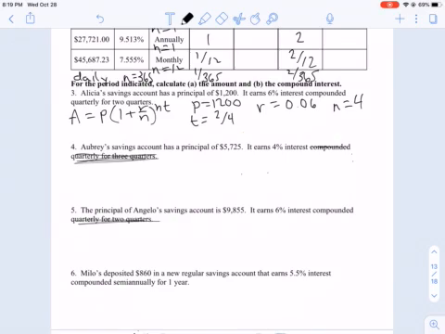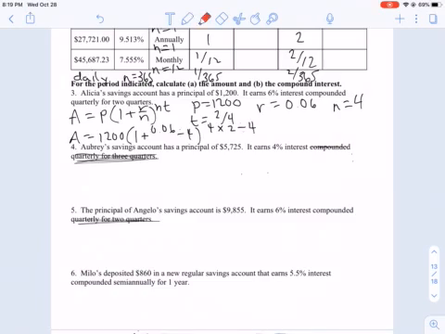All right, so here we go. Amount equals 1,200 times 1 plus 0.06 divided by 4, raised to the 4 times 2 divided by 4.